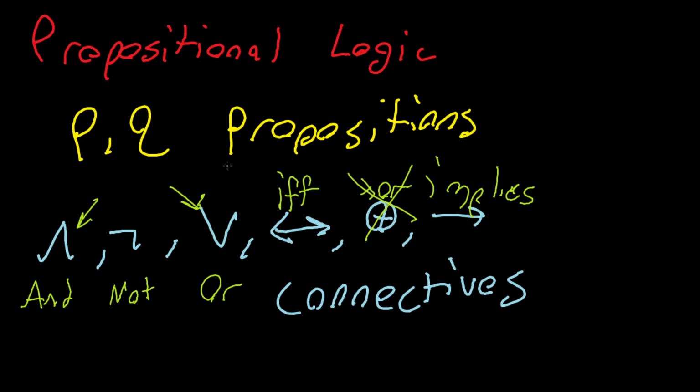This is propositional logic, and the way you would define these connectives, of course, is with truth tables. So what we'll be doing is going from basics and using rigorous definitions to build propositional logic.